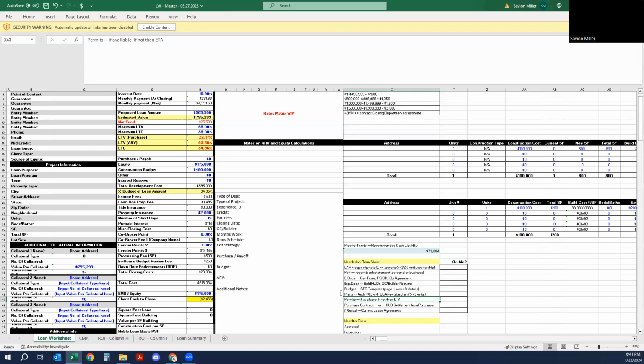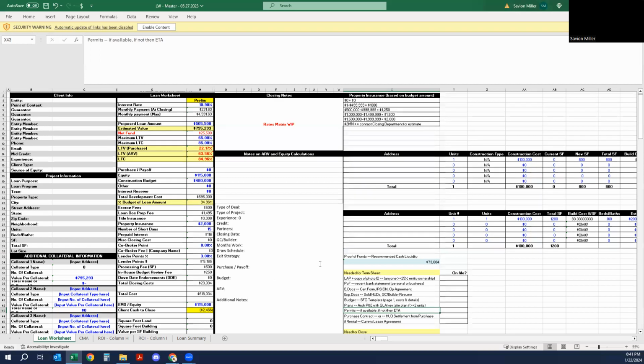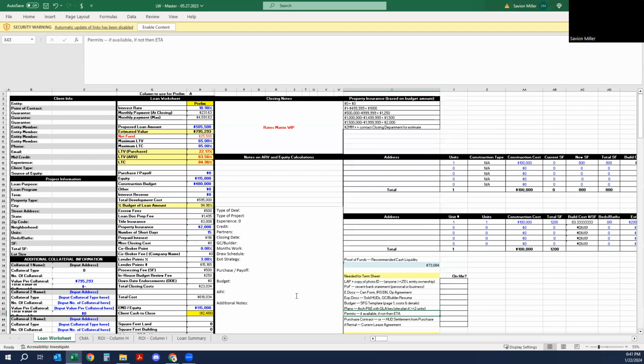Your architectural plans are the scope of work for the home. Permits: typically, if you don't own the land already, you're more than likely not going to have permits. What I would recommend is, when you're buying land and you're trying to do new construction, get the permits first, because permits could take anywhere between 30 to sometimes 90 days. So if you close on a 12-month loan and you can't start your construction for 90 days, you see what I mean?